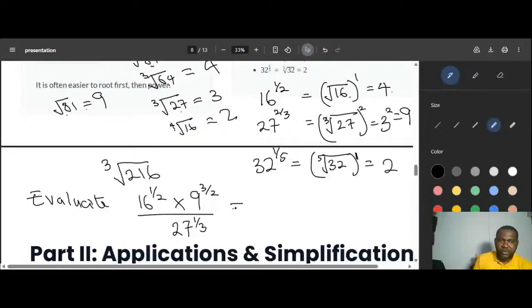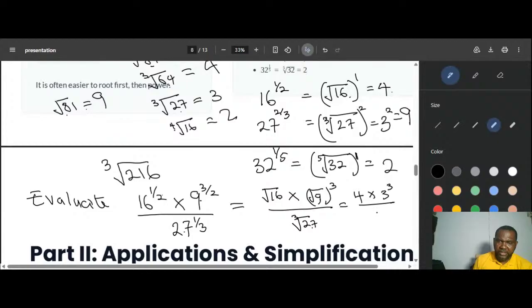So this would be 16 raised to power half, which means square root of 16, times this one means square root of 9 raised to power 3. Then this one means cube root of 27. Square root of 16 is 4. Square root of 9 is 3, raised to power 3.